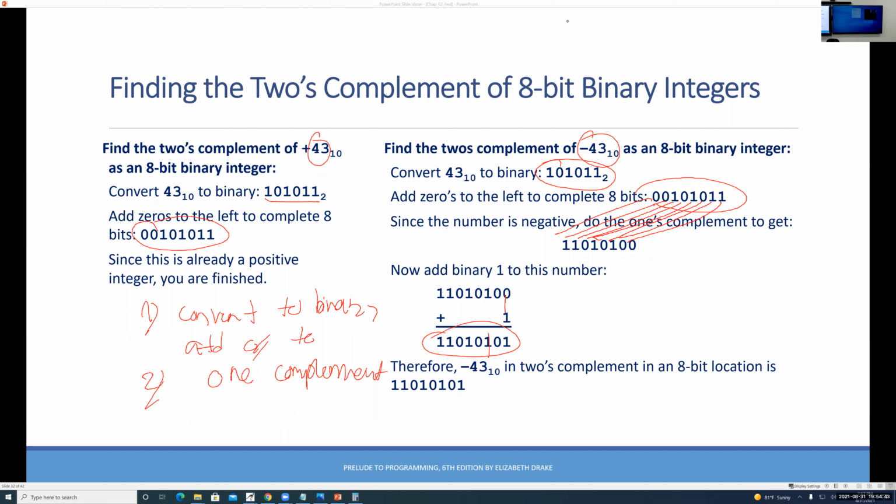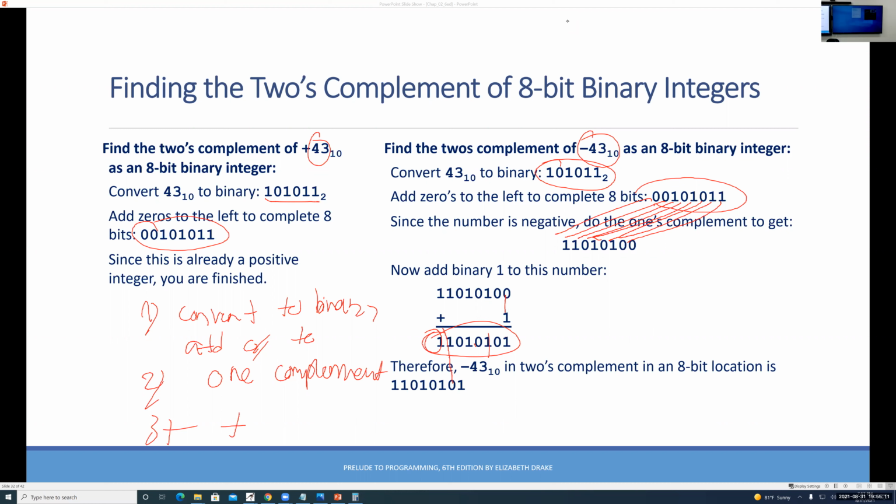So now, if you have number 1, 1, 0, 1, 0, 1, 0, 1, that is in the 2's complement here. If you want to convert it back to decimal, the first thing you have to know is that this guy here is negative. This is a sign. So you have to work on the revert here. Now you have to subtract number 1 here.